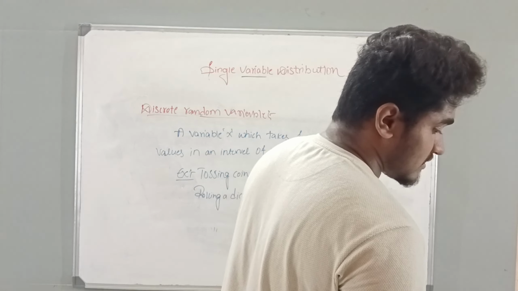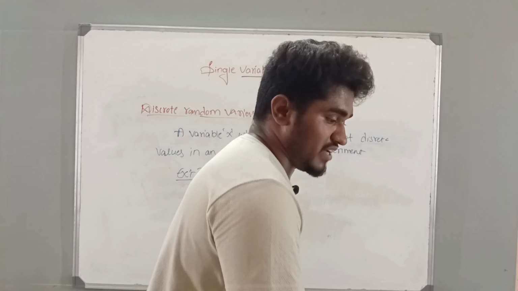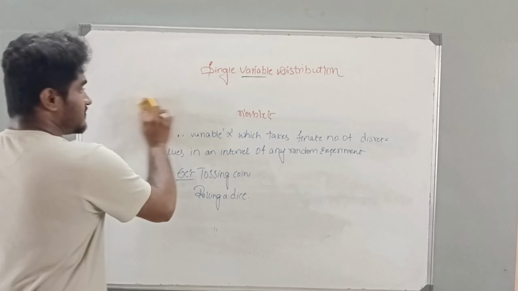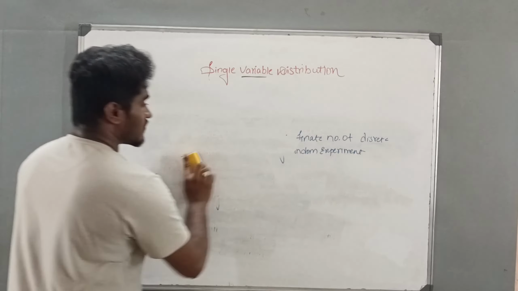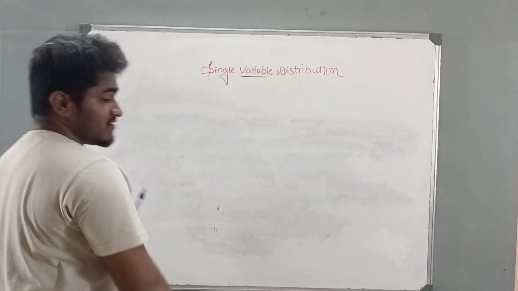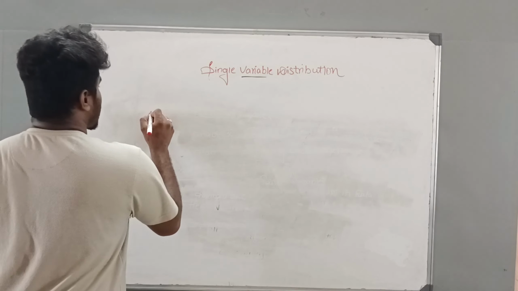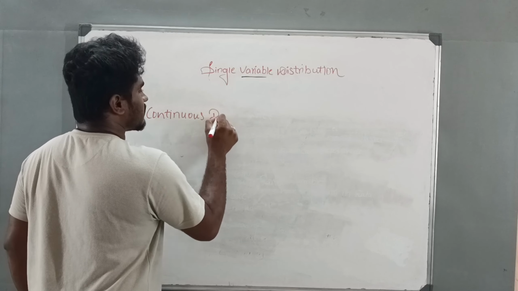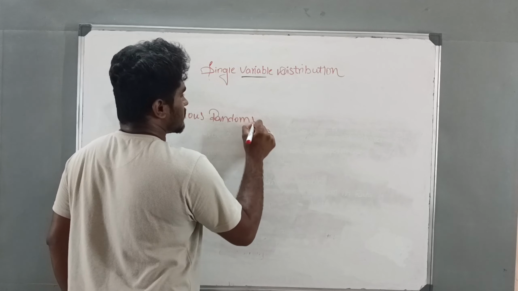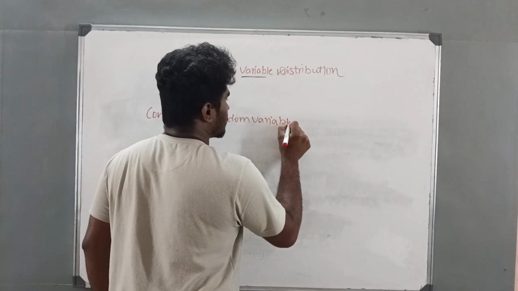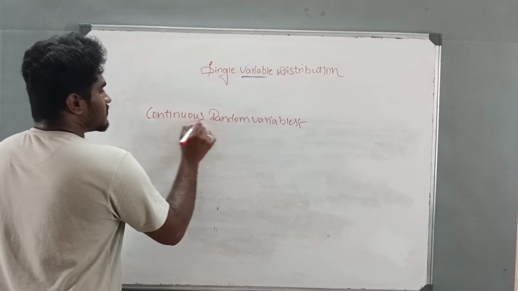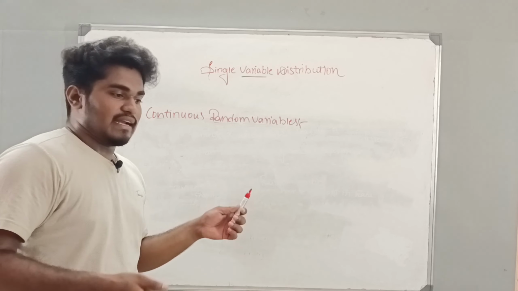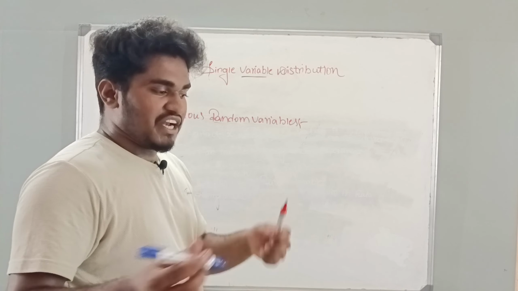Then we'll see what the continuous random variables are. I hope you are clear with the discrete random variable. Now we'll see the continuous random variables. Here the variable x can take values in a continuous manner.